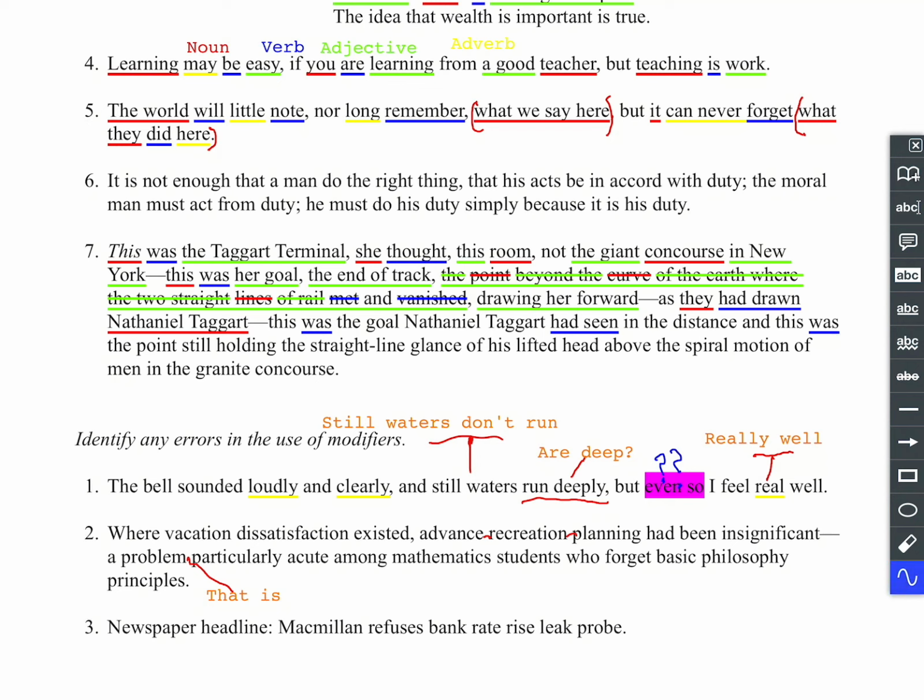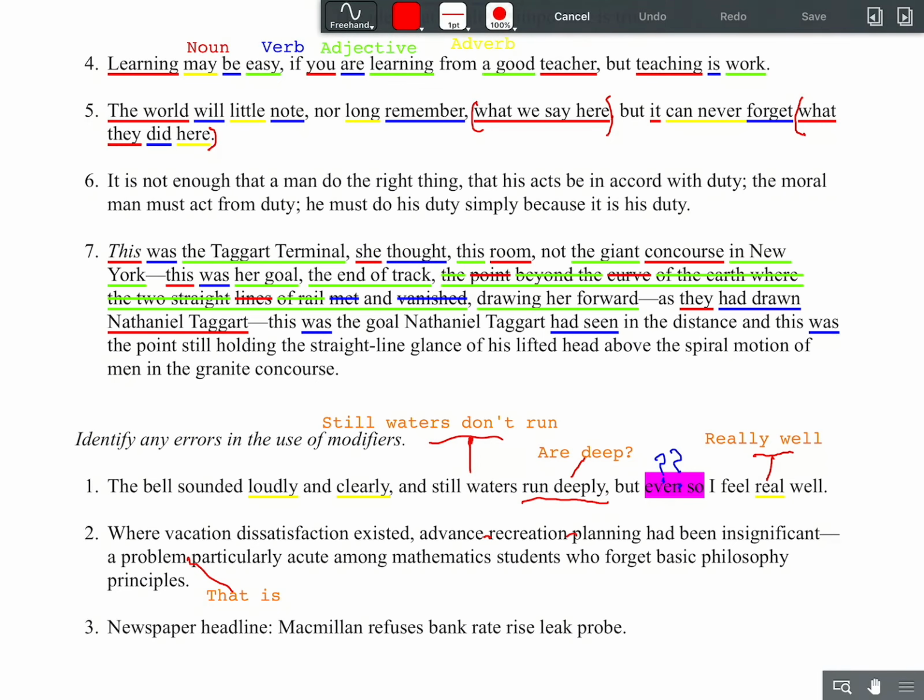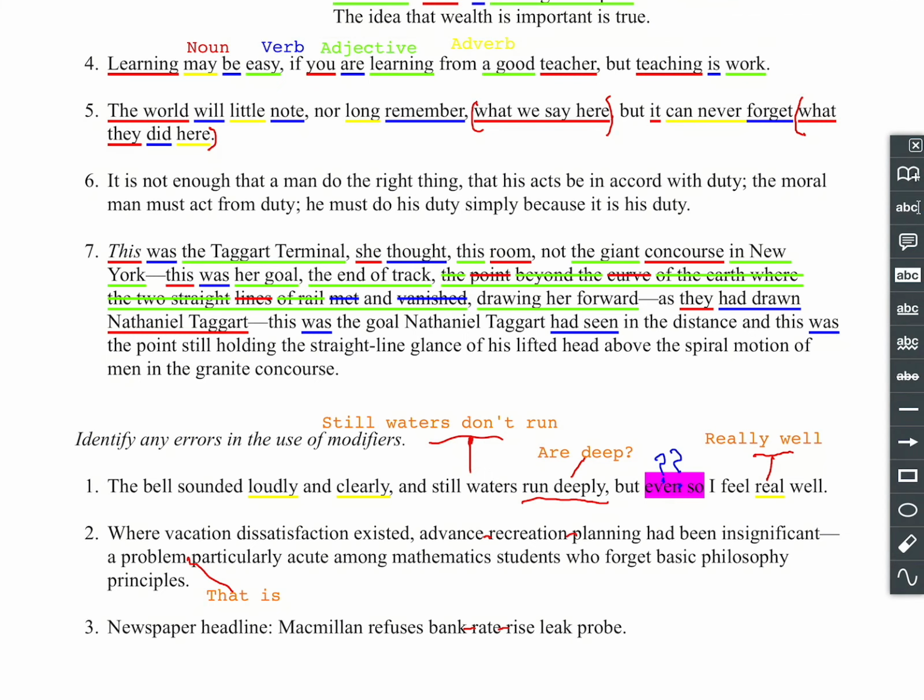If I was writing this, I would definitely hyphenate it. Putting bank-rate-rise as one unit makes it clearer to the reader what is going on. So then they only have to deal with Macmillan refuses, and then there are 3 things afterwards instead of 5. So Macmillan refuses, bank rate rise, leak probe.